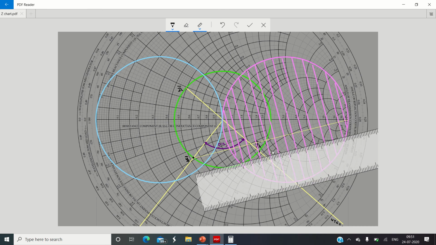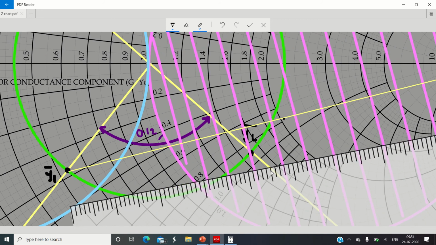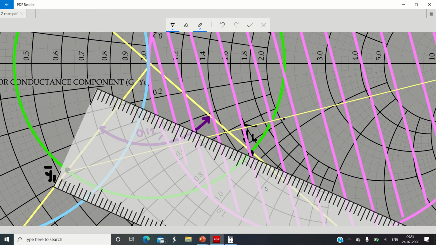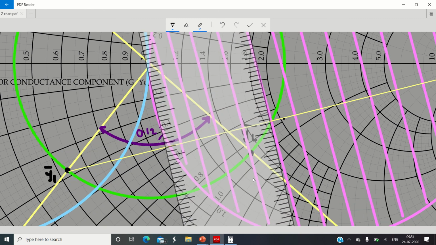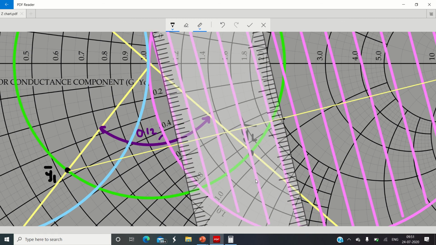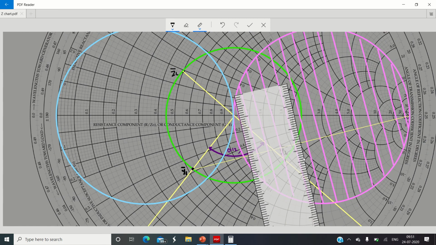If you observe, this particular circle is representing the midway point. You orient your scale perpendicular to that point, exactly making a right angle, so that it is exactly perpendicular to that chord. Then you draw the perpendicular bisector line, which will intersect the real axis.